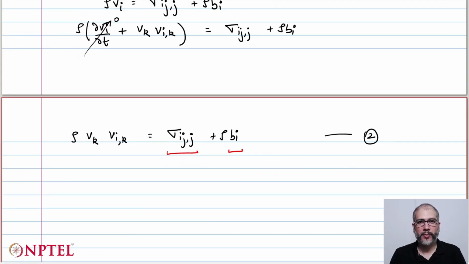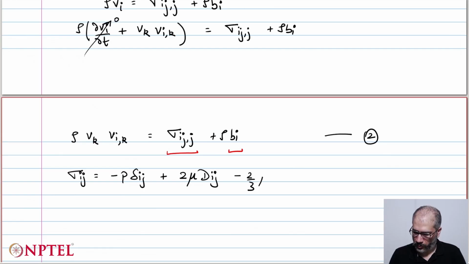Since this is a Newtonian fluid, we can use the constitutive model for a Newtonian fluid, which was found out as sigma_ij is minus p delta_ij, so that's the hydrostatic part, plus tau_ij, which is twice mu times D_ij, where capital D is the rate of deformation tensor, minus 2/3 of mu times D_kk times delta_ij.